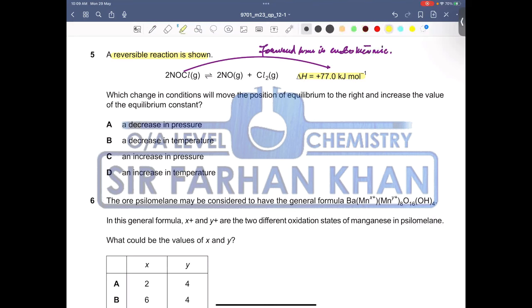Okay. Which change in conditions will move the position of equilibrium to the right and increase the value of the equilibrium constant? Guys, the equilibrium constant value depends on only one factor, and that factor is temperature.